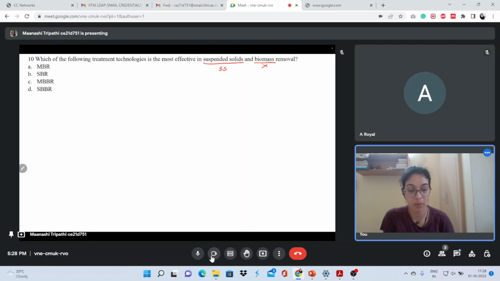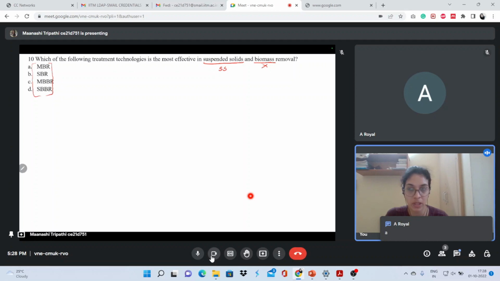It's important that you know all these full forms. These are very common terms, and we'll be using these terms basically. So it's imperative that you learn the full forms. We are trying to remove suspended solids as well as biomass. We don't want either of them in our treated effluent.